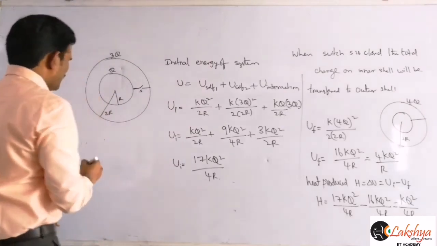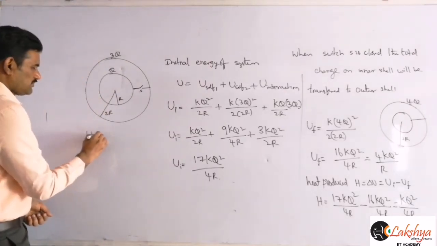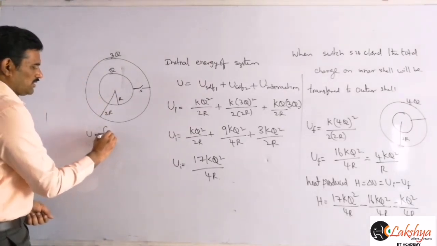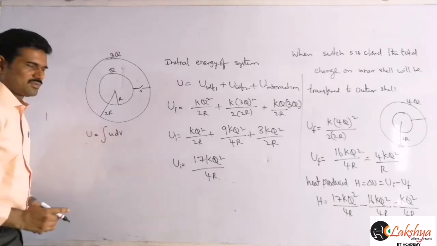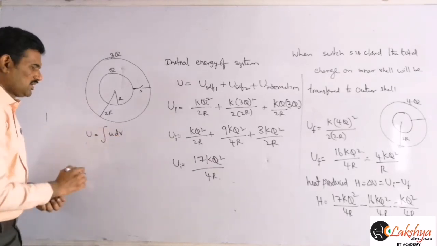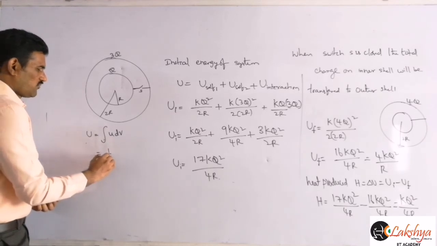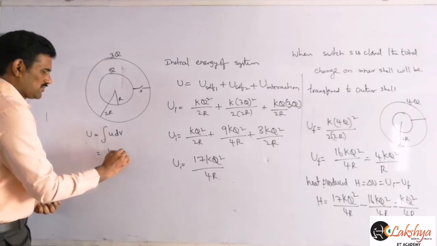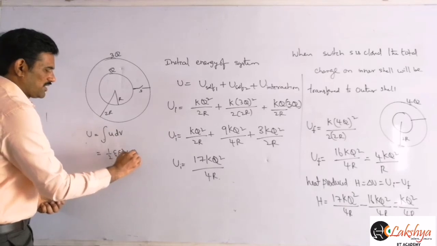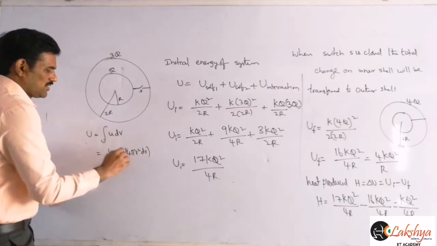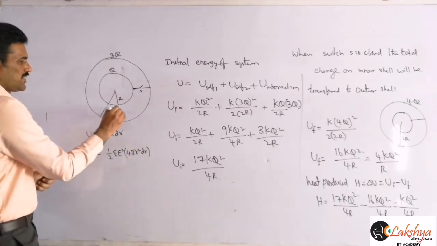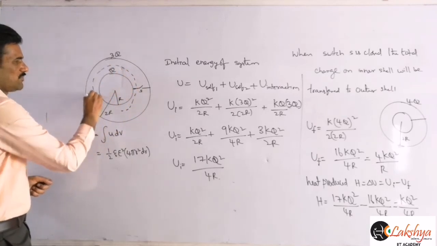And so we know the energy can be written as integral of u into dV, where u is the energy density, which we can write as half into epsilon naught into E square into 4 pi r square dr, by taking a spherical element of radius r.